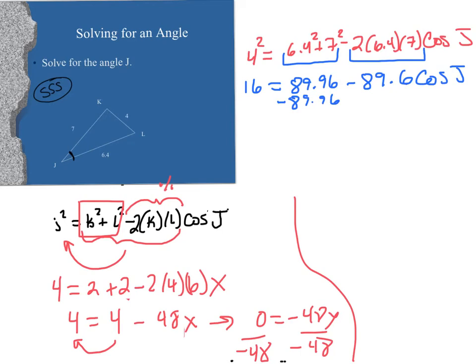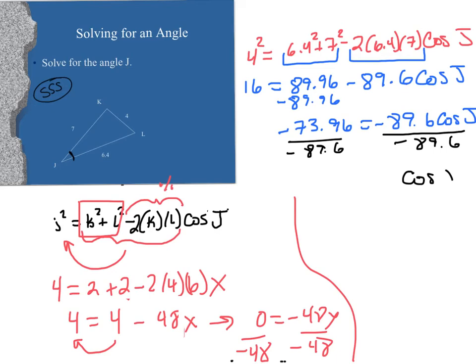And I get negative 73.96 is equal to negative 89.6 cosine of J. Now, how do I get rid of the number that's in front of cosine? It's being multiplied. So I go ahead and divide it out.